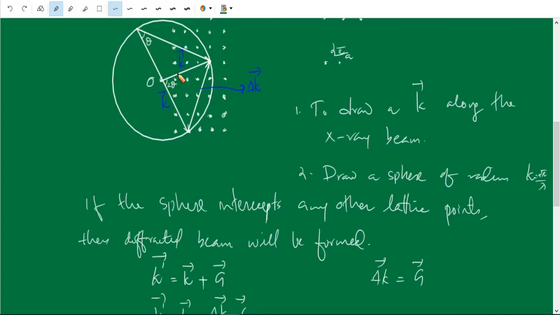So this is the incident beam direction and this is the reflected beam. This angle is theta. This is the direction of the plane, this is the direction of the incident beam, and this is the direction of the reflected beam k dash. So this is the direction of delta k. So this is the Ewald construction.